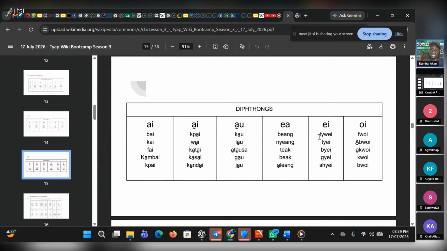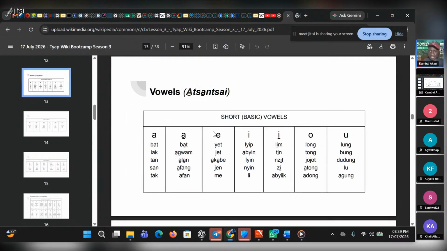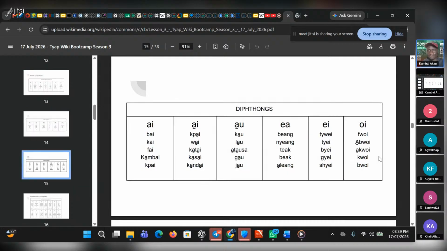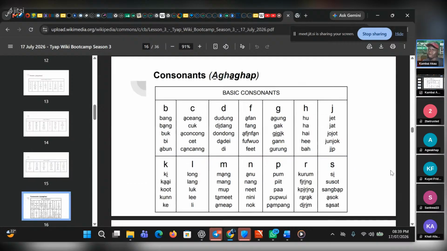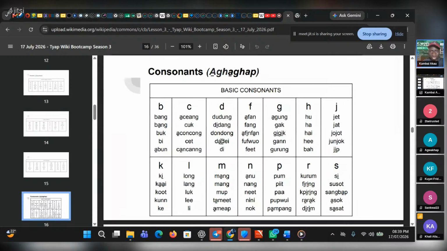So altogether, 6 plus 6 plus 6, making about 18 vowel sounds. These are the ones that we have discovered currently, and we are still discovering. Remember that the Tiab language is still very young in terms of written history. So tomorrow you may discover that we have more than this number. Don't be confused. So we have consonants also.